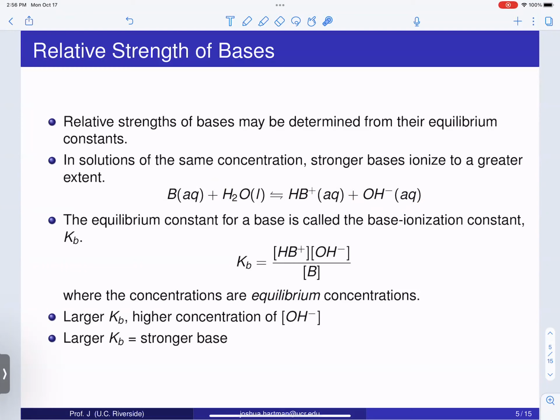And so the equilibrium constant, once again omitting liquid water, as we know we should do, is going to be the product's conjugate acid times the hydroxide ion concentration over the equilibrium concentration of our base. So once again, larger Kb values mean that we're going to have a larger concentration of OH minus, which corresponds to a stronger base.